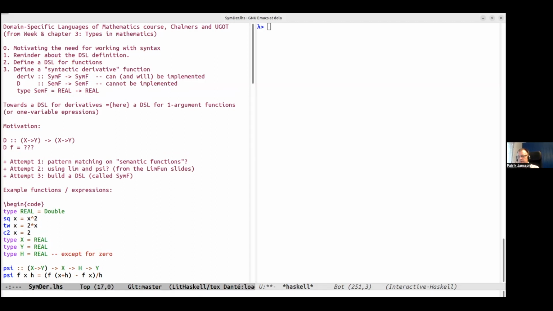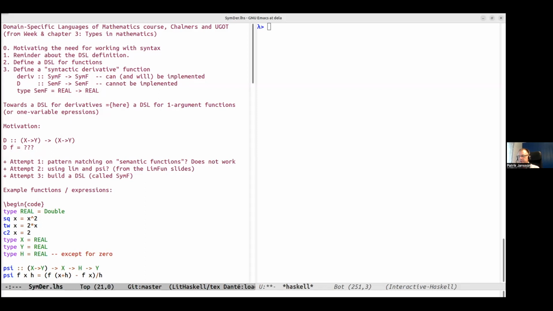Okay, so the first thing is that, if we only have an f in our hand, for this, the motivation why it can't be done, we can't know if this is a sum or a product or whatever it is. And we only have derivative rules for those different cases. So we might naively attempt to do pattern matching on semantic functions, but this does not work.